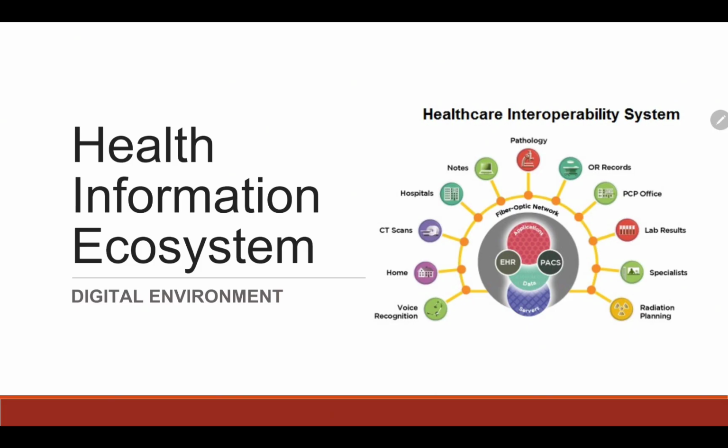It is not the same as the ecosystem in biology, but here it is digital. Still, there are many factors and many key players, but they are in the realm of technology. So, a digital environment. Let's move on to the next slide.